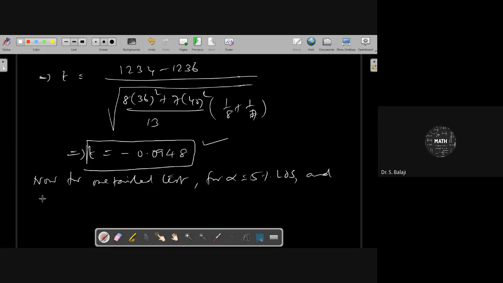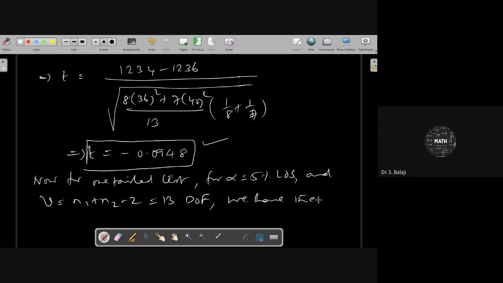V, the degrees of freedom, is N1 plus N2 minus 2, which is equal to 13 degrees of freedom.